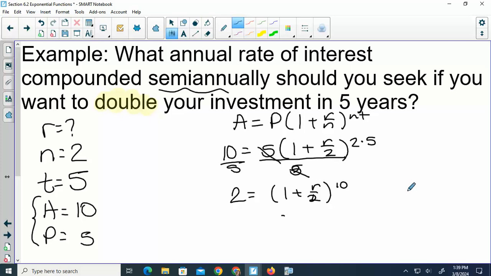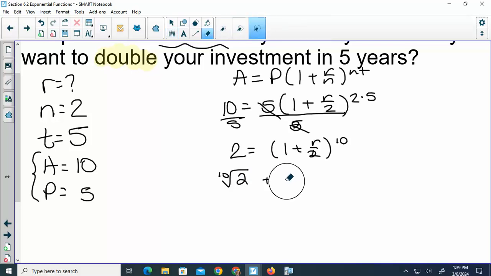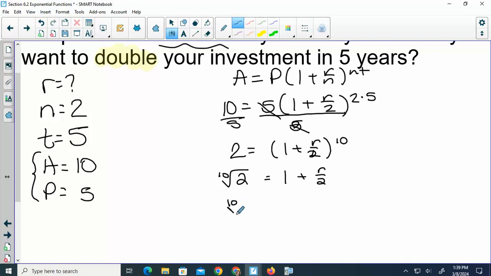How do you get rid of a 10th power? Again, we don't need plus or minus because the interest rate can't be negative. Then what do we do? And how do we end? Multiply. So we have 2 times this whole thing.